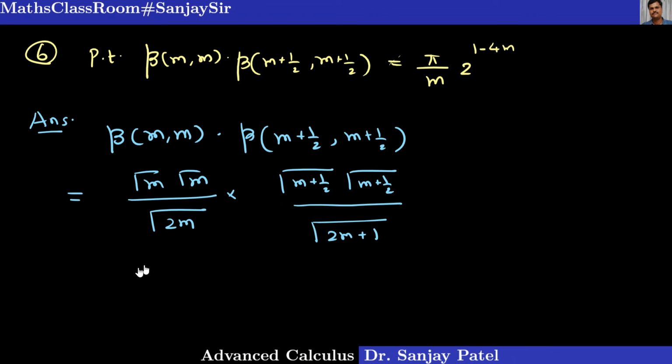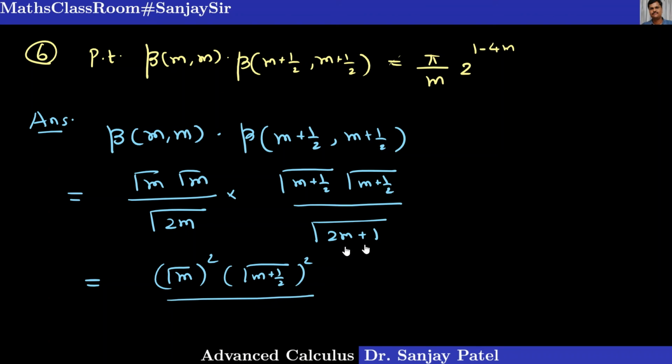This we can write as gamma m square, let me first check this, into gamma of m plus 1 by 2 square upon gamma 2m plus 1, which we can express as 2m into gamma 2m by the formula gamma n plus 1 is equal to n gamma n.